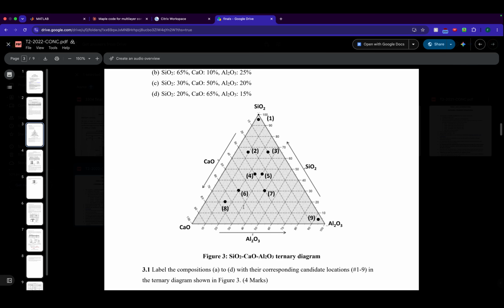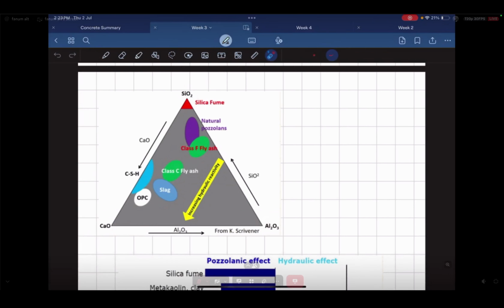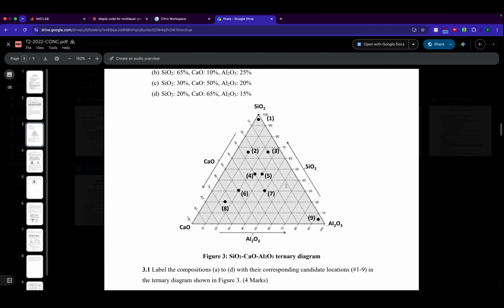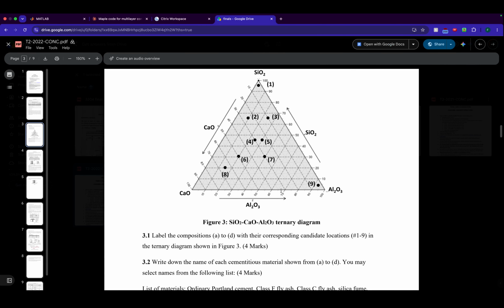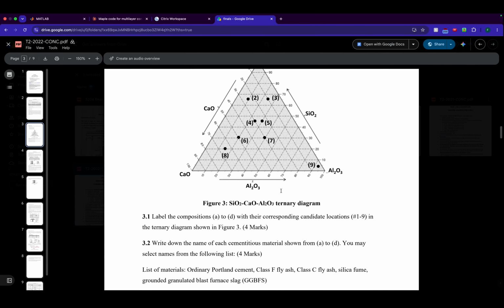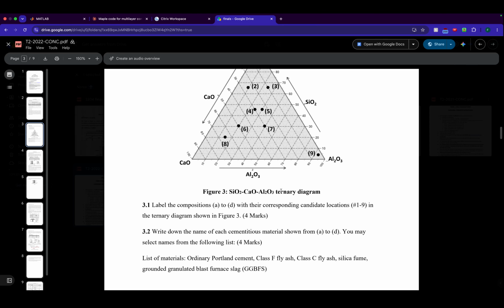You can either take this into the exam with you, which is probably the best method, or memorize it and figure it out bit by bit. They give you the list of materials, and this thing down here is just slag. This is the proper name for it, or you can just call it slag.